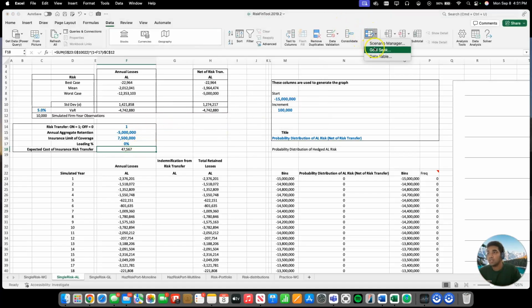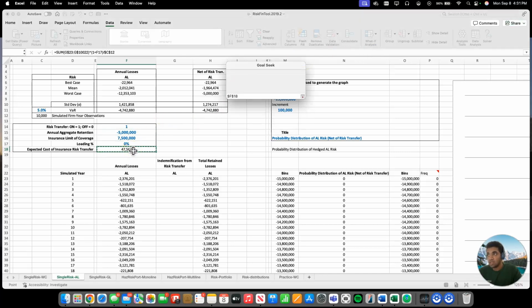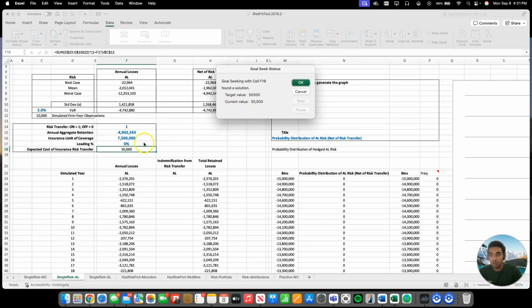So what do you do? You have to take goal seek and still change this to $50,000. We're not changing that, but you take a different variable and you change the retention, because the retention plus the limit of coverage will equal whatever you're trying to find. And you can see how it found it so quickly.